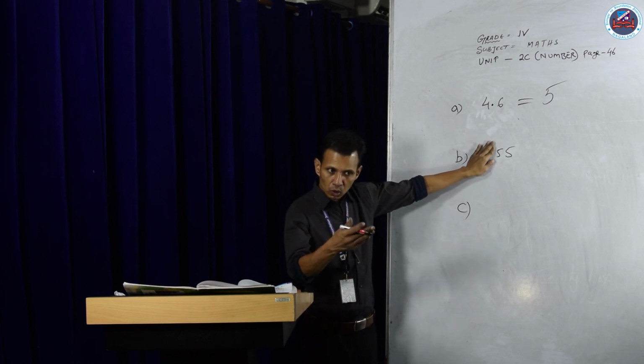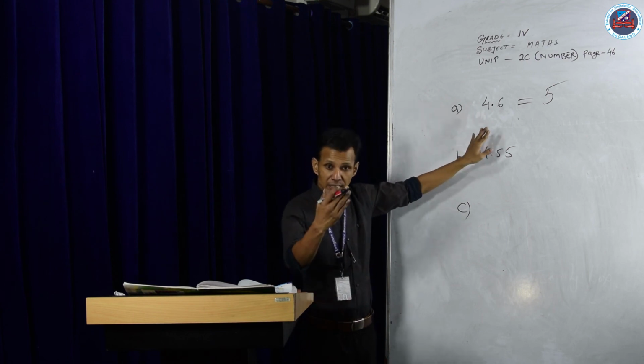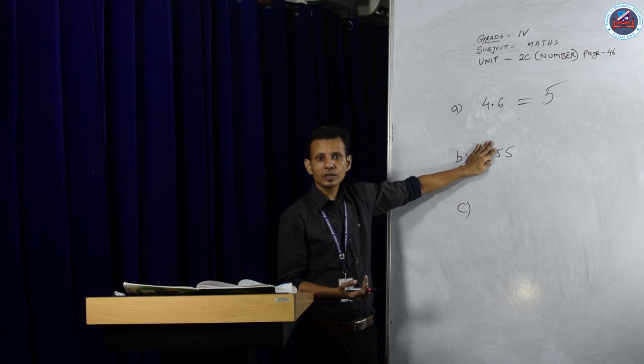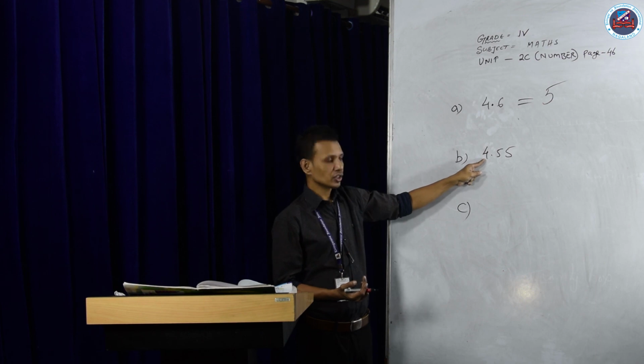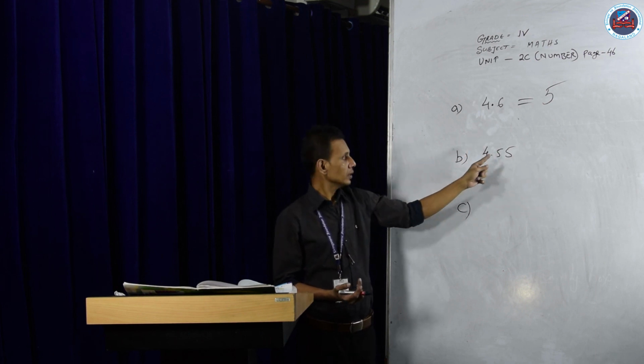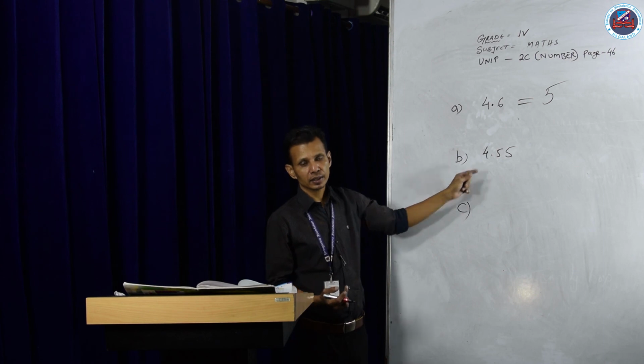If it is 5 or more, same case, add 1. But if it is less, for example 4, 3, 2, 1, 0, this will never change. But if it is 5 or more, add 1. 4 will become 5. If it is 5, it will become 6. If it is 7, it will become 8, and so on.